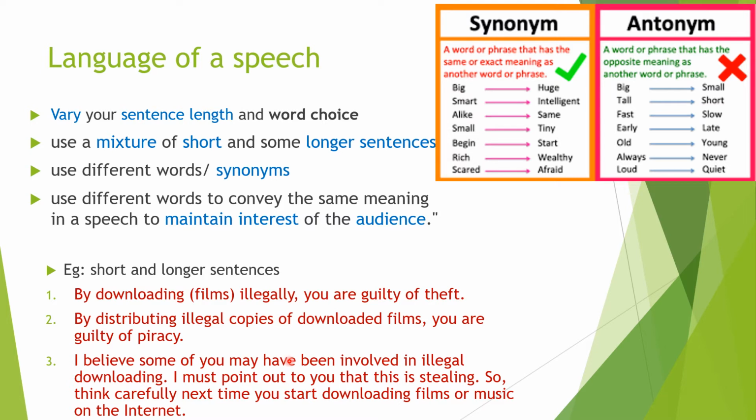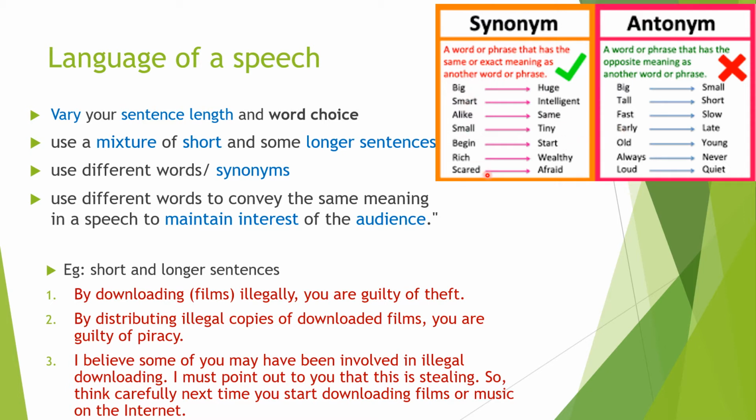Another aspect of language we should pay attention to is to use different words or synonyms to maintain the audience's interest. So avoid using the same word all the time. For example, instead of big, we might use huge; instead of smart, we might use intelligent.